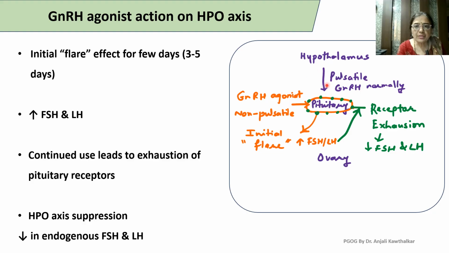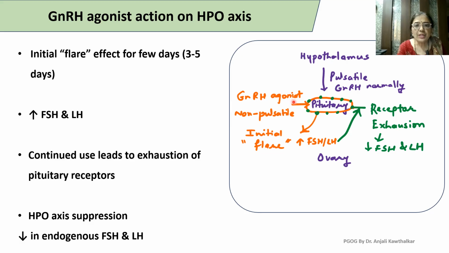Pulsatile means the GnRH increases and then it falls. Again, it increases, then it falls. When it falls, the receptors get the time to be recharged and ready for the next action of the GnRH. That is the advantage of this pulsatile release of GnRH in a normal cycle.